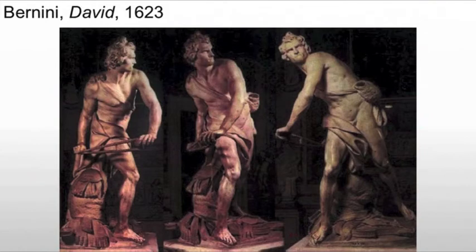But think about the sculptor's problem here. I'm trying to depict an entire narrative in a single image, because you really don't see, once we get past Ghiberti, etc., with the Gates of Paradise, multiple narratives in sculpture, at least not in freestanding sculpture.